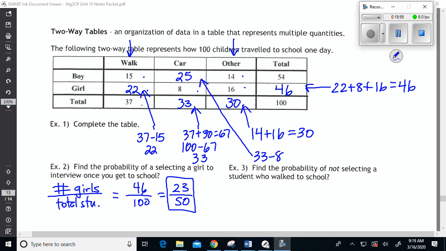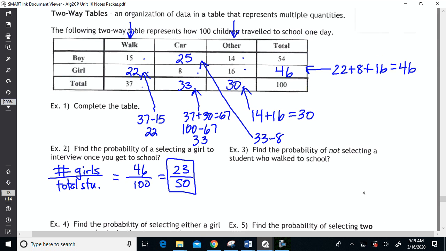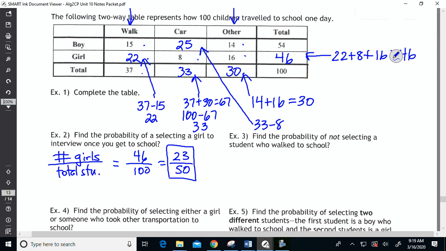Example 3, find the probability of not selecting a student who walked to school. So not is that complementary probability. There's two ways that you can do it. Count up all the people who did anything but walk to school.